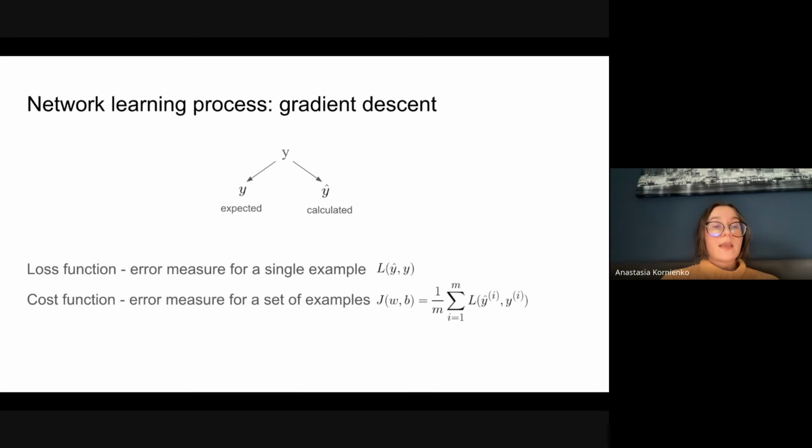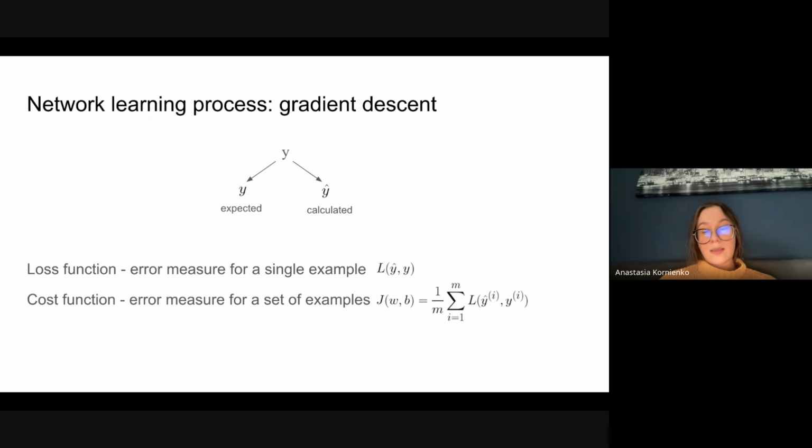And the cost function is also an error measure, but not for a single example, it's for a set of examples. It's like the arithmetic mean of the loss functions of all examples.